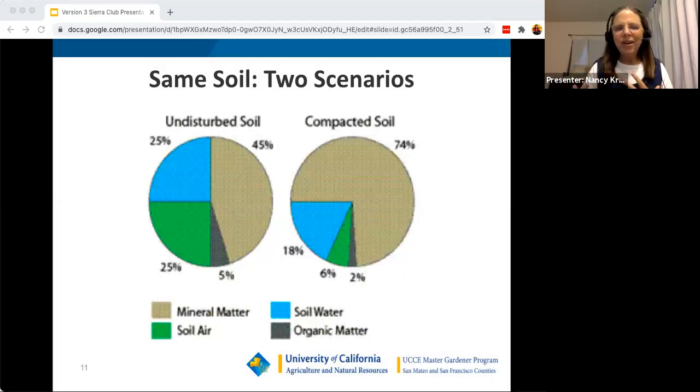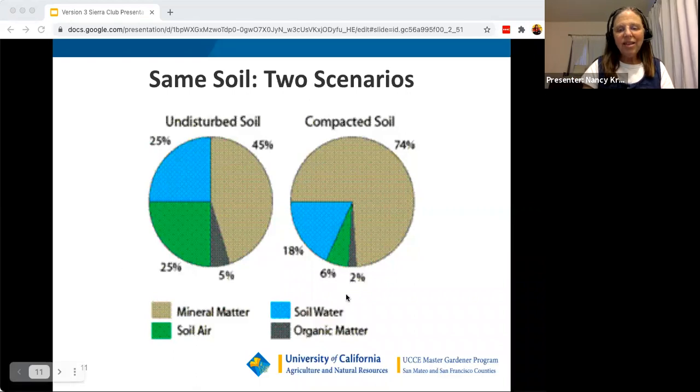Here is another diagram of the same scenario, but this time think of this as 1 cubic foot of soil. So you're thinking about a volume of soil. This graph on the left shows a healthy soil with the correct balance of minerals, air, water, and microbes. In the diagram on the right, you can see the changes that happen when the soil gets compacted by disturbance.